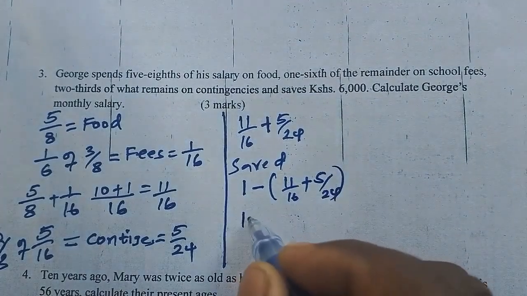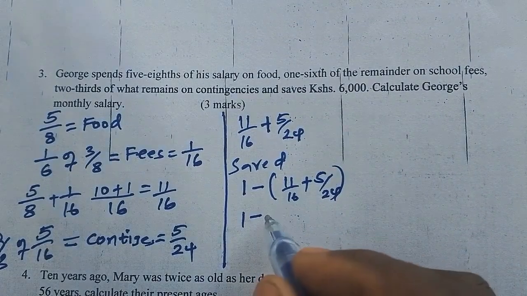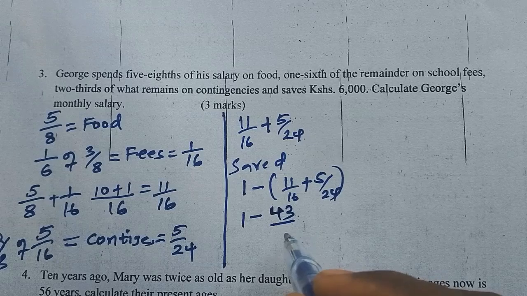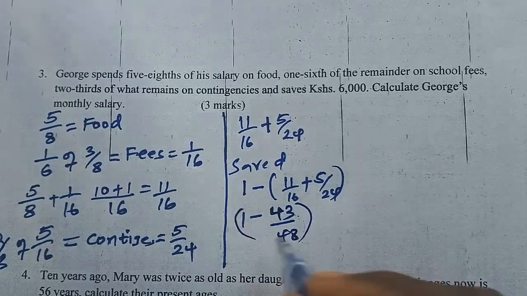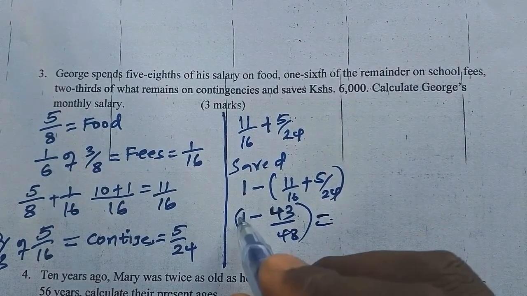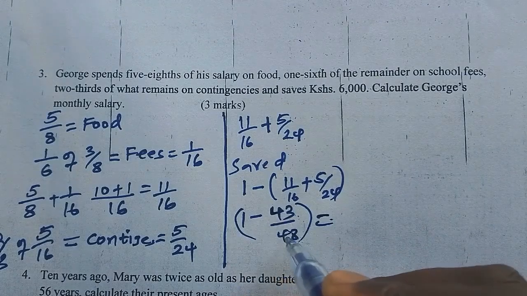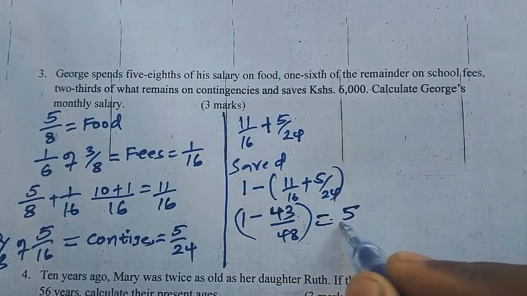That one will be 1 minus 43/48. And so those that were saved, 1 is the same as 48/48. 48/48 minus 43/48. The answer is going to be 5/48.